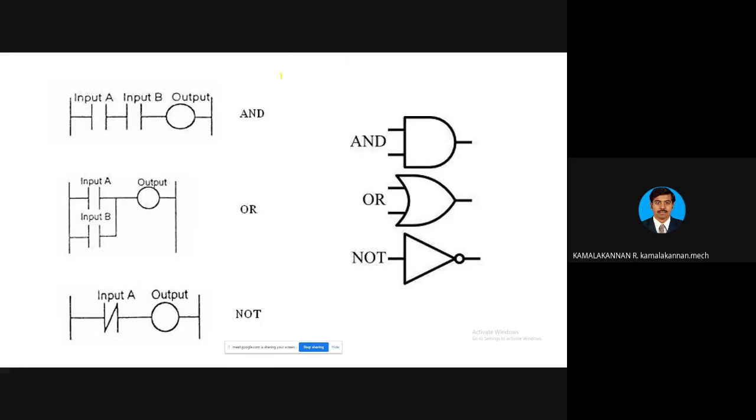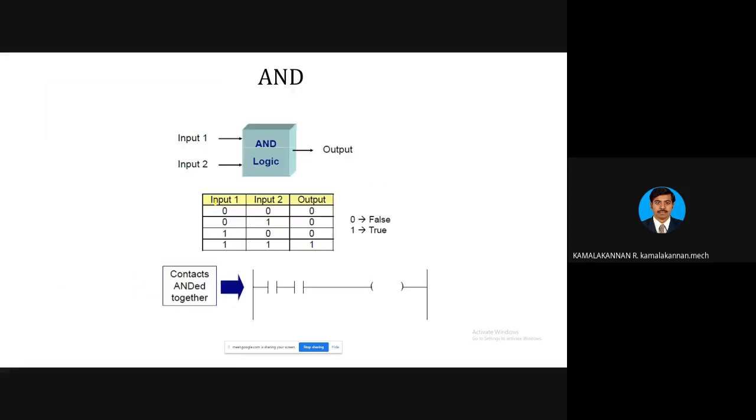This is how you will indicate them. The AND gate will be drawn in the PLC ladder logic in this way. I will quickly go down and explain the next slide for OR and NOT.